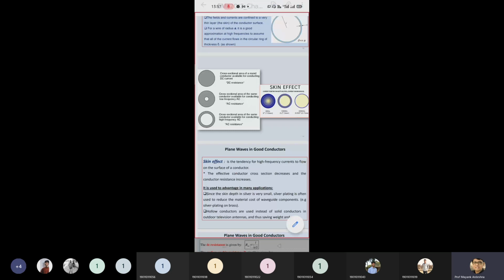Further, if I increase the frequency, you can identify that the area not covered by the current is increasing, which is mentioned with white color. And there is only an outer ring, which is the current, mentioned with a gray color. Clear?